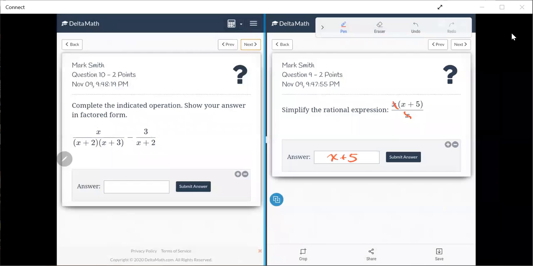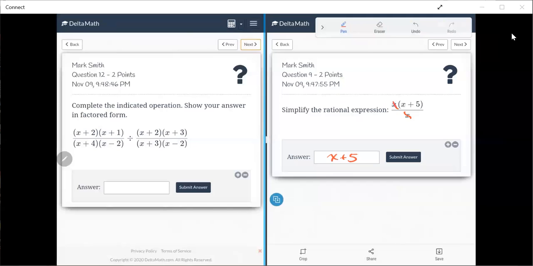All right, here we have show your answer in factored form. This can also be put in your Mathway calculator. I'm not going to do all the Mathway calculator answers, but put that in your Mathway calculator, it will do the subtraction. Put this in your Mathway calculator, and this is a times.